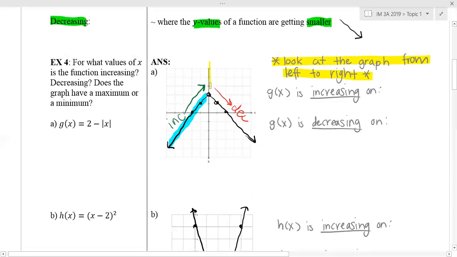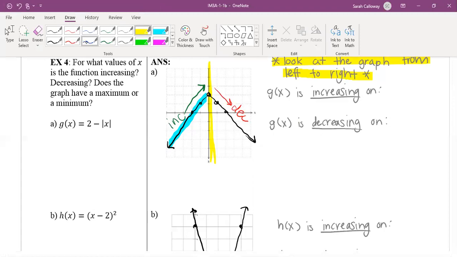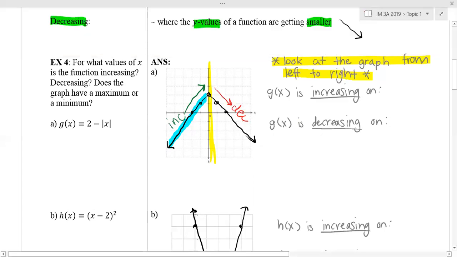vertically, if I draw my axis of symmetry, then I can see the value where this graph changes direction from increasing to decreasing. It's going through the x-coordinate 0. So one of my intervals is going to stop at 0 and the other is going to start at 0.